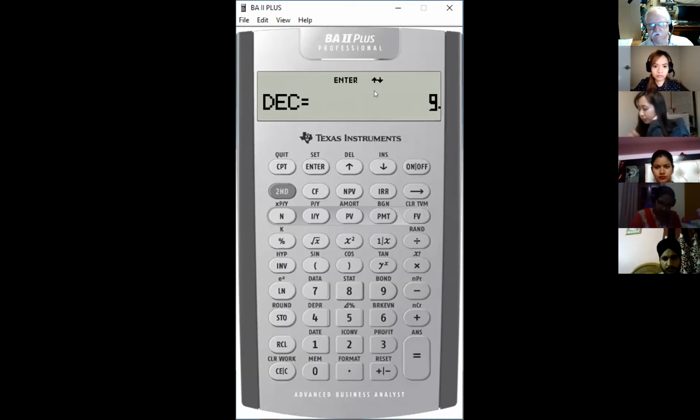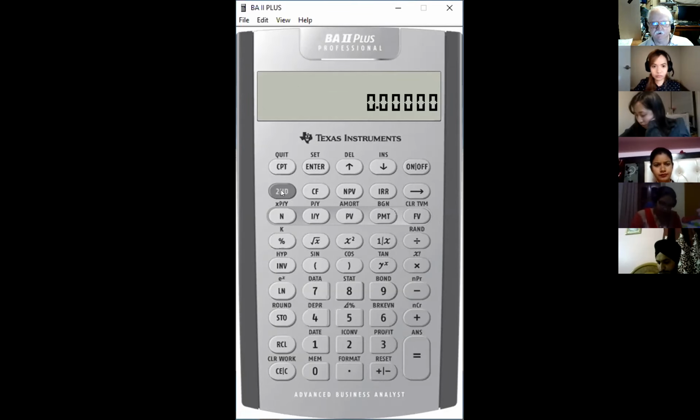And then it'll tell you how many decimals it is. Let's say I want 5 decimals. I've got to go 5, enter, and then I can clear it. If I want it back to 9, second, format, 9, enter, and then clear it.